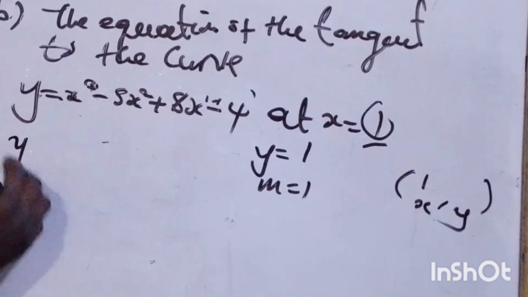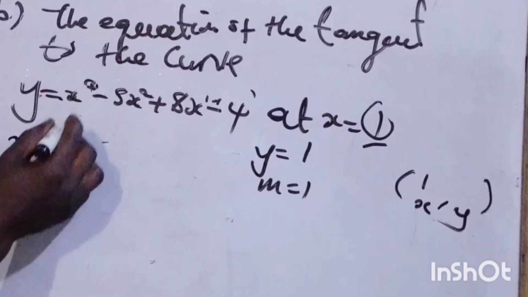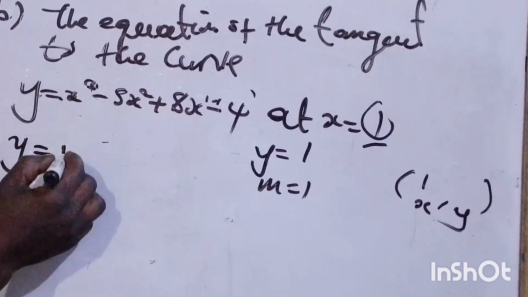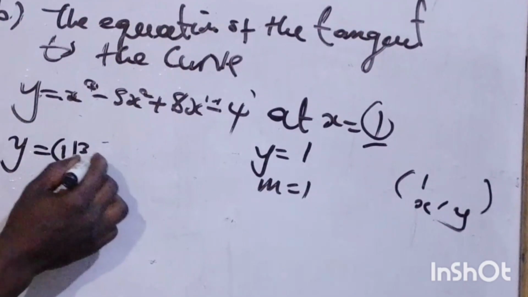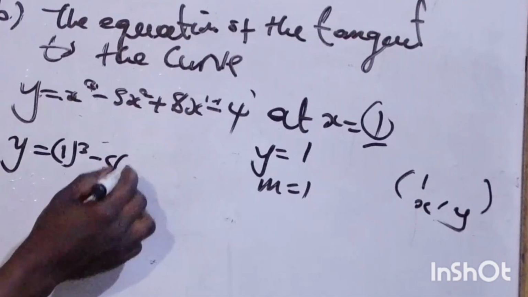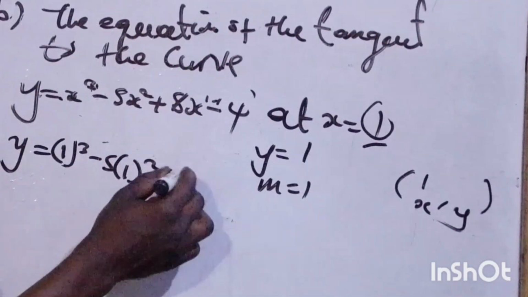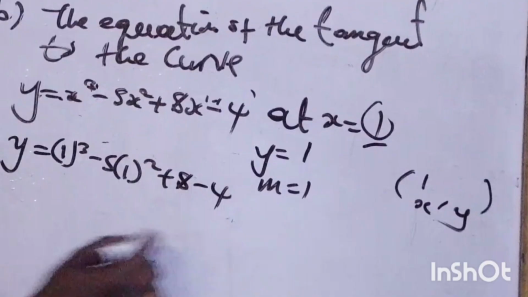So we're going to say y equals 1 cubed minus 5 times 1 squared plus 8 minus 4.